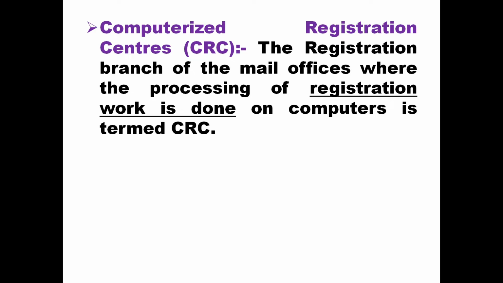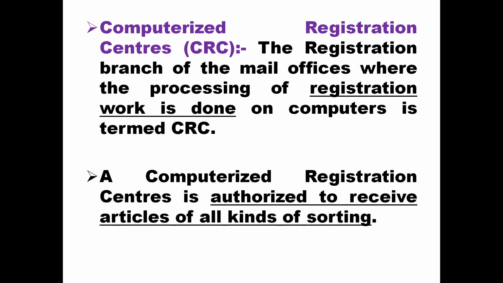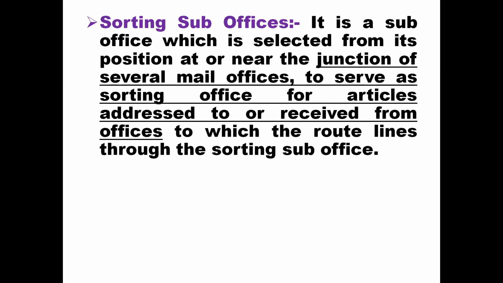Computerized Registration Centres. The registration branch of mail offices where the processing of registration work is done on computers is called CRC or Computerized Registration Centre. A Computerized Registration Centre is authorized to receive all kinds of articles. Sorting sub-office.